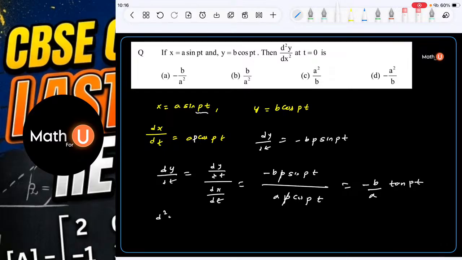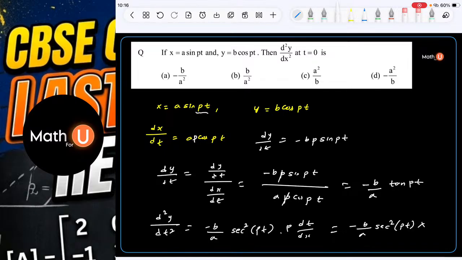Next, again differentiate this: d by dt of minus b by a tan pt is secant square pt, and again pt differentiation gives p, times dt by dx. So minus b by a secant square pt into p.